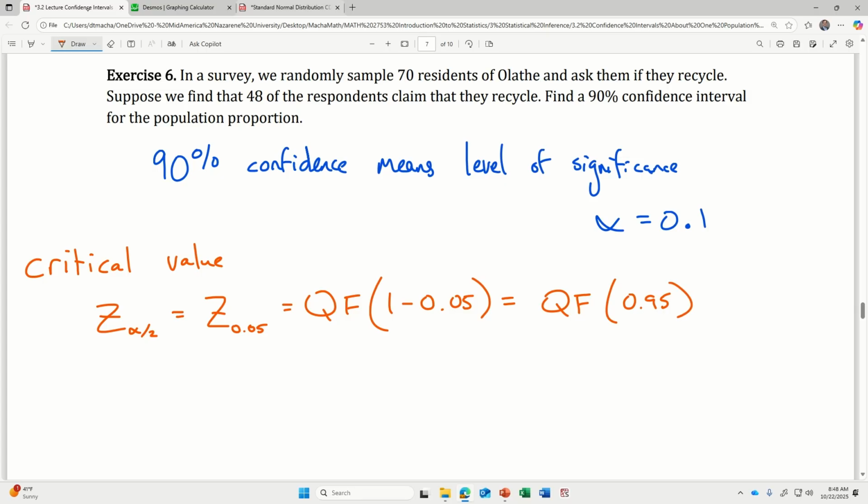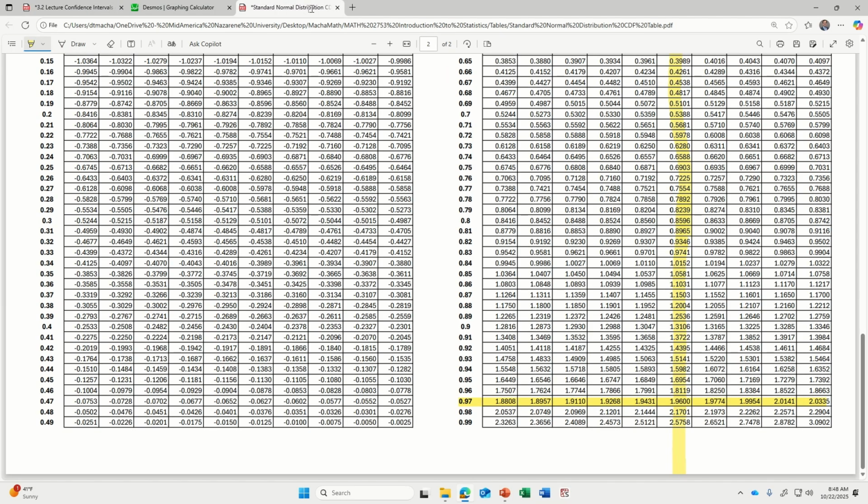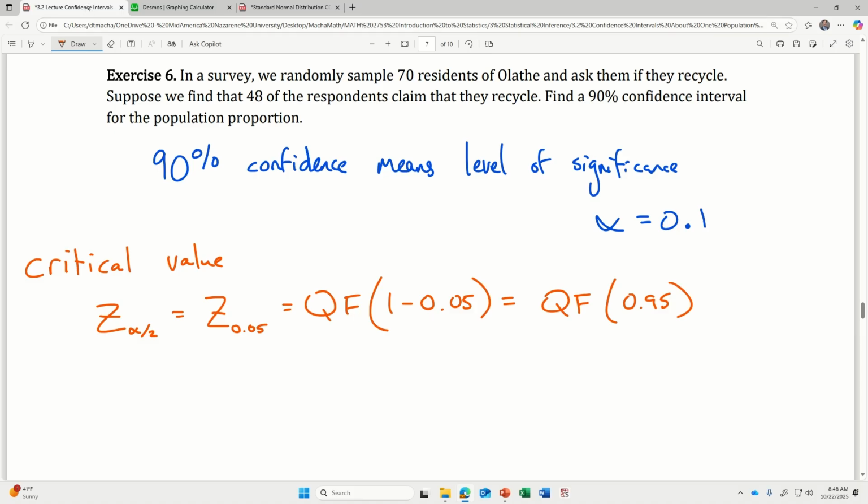Let's pull up my quantile function and find out. What does it say at 0.95? It has the number 1.6449. So that is my critical value.